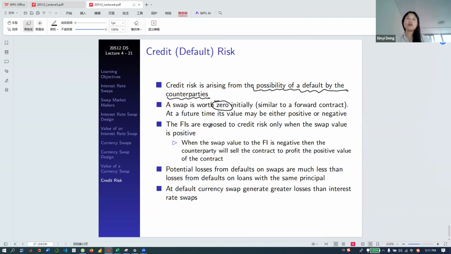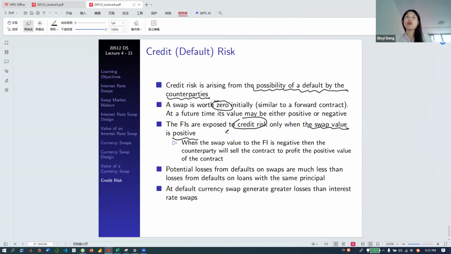And also about the credit risk. The financial institutions are actually exposed to credit risk only when the swap value is positive. Do you guys still remember the definition of default risk or credit risk? It's a possibility of a default by the counterparty, right?